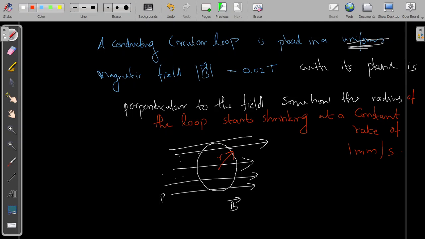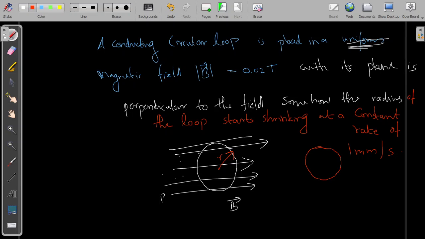After 1 second of time, this r will be reduced by 1 millimeter, so the new circular loop will be somewhat smaller in size.